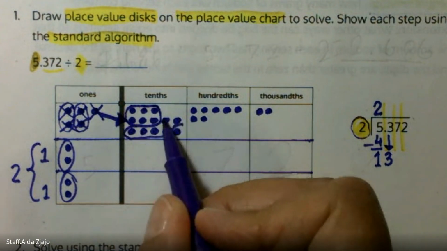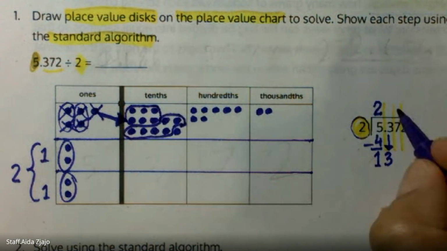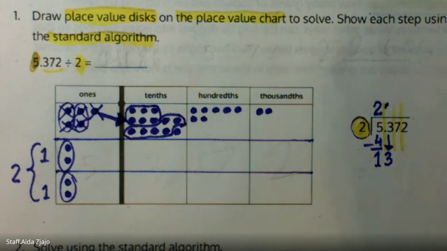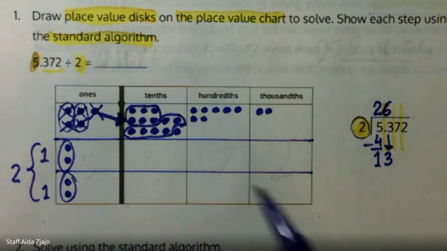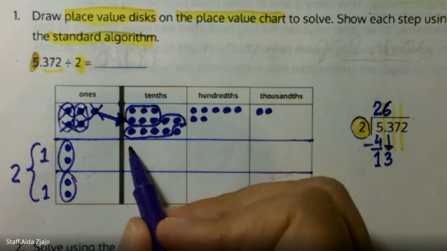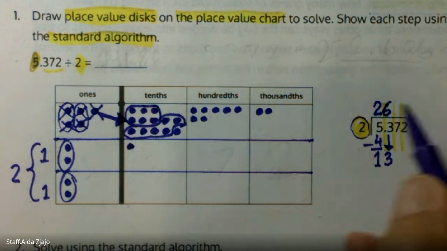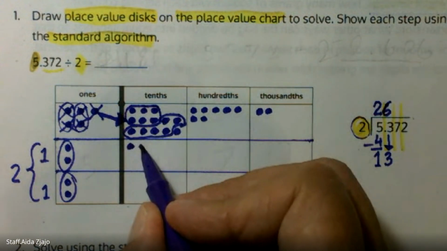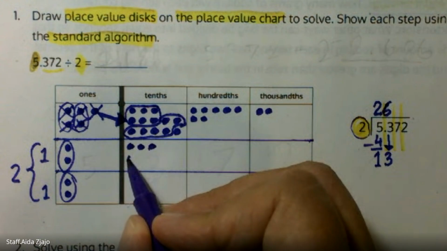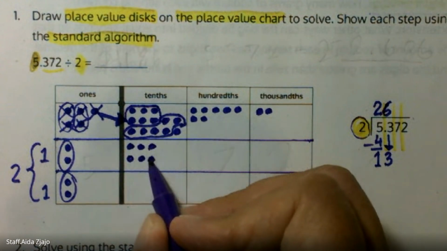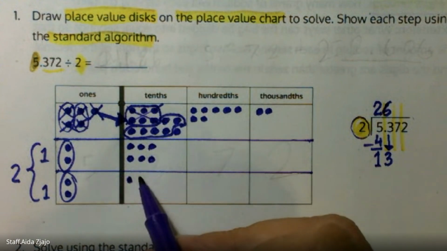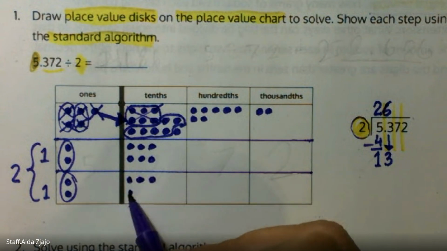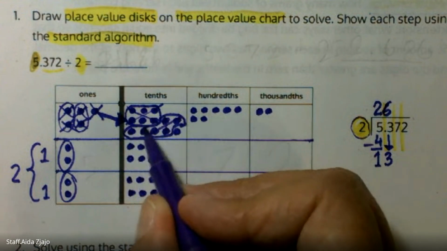That's another group. So I can share 6 in each group: 1, 2, 3, 4, 5, 6. I share this group, and then I can also share 1, 2, 3, 4, 5, 6 with this group.